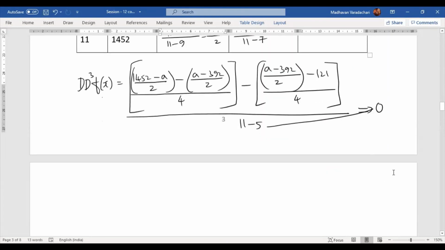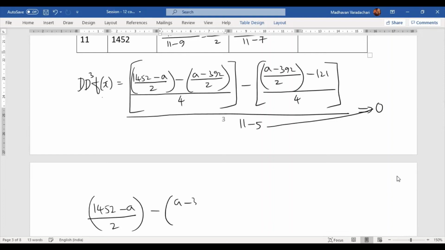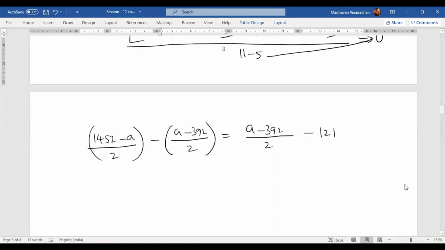So now what happens? You will have 1452 minus A by 2 minus A minus 392 divided by 2. Since it is equated to 0, if I take this negative to the other side, it becomes positive. So I can equate it to A minus 392 by 2 minus 121. I have a common 2 here.